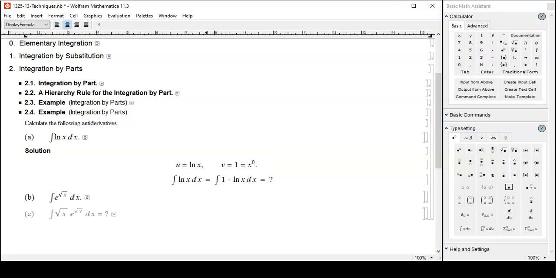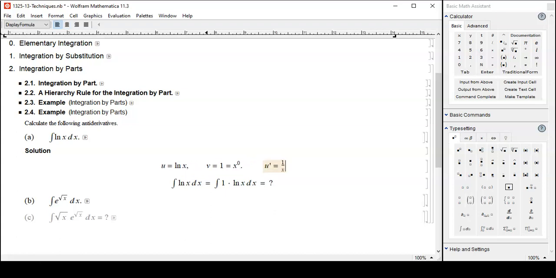Then u prime is 1 over x, which is x to the negative first power, and v is x.